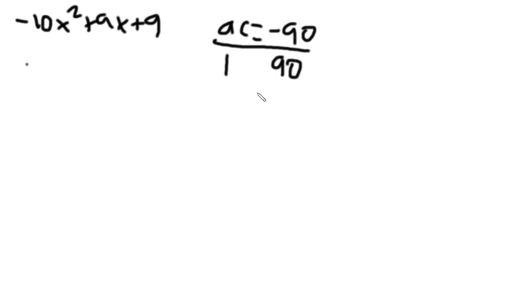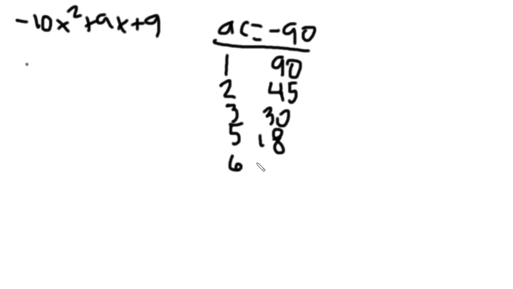This one has quite a few more factors, and you could have situations like this where you have more than one pair. So 3 and 30, 4 doesn't work, 5 and 18, 6 and 15, 8, 9 and 10 works. And that's all of them.